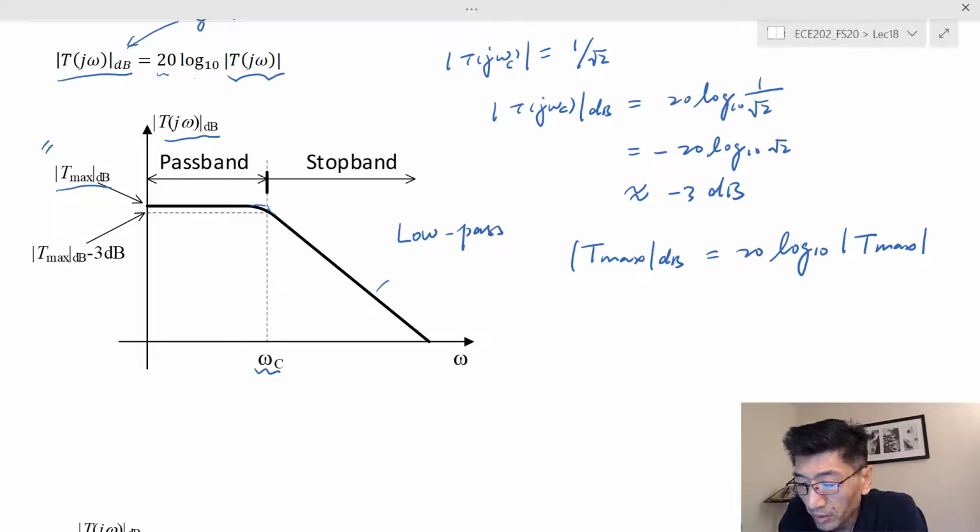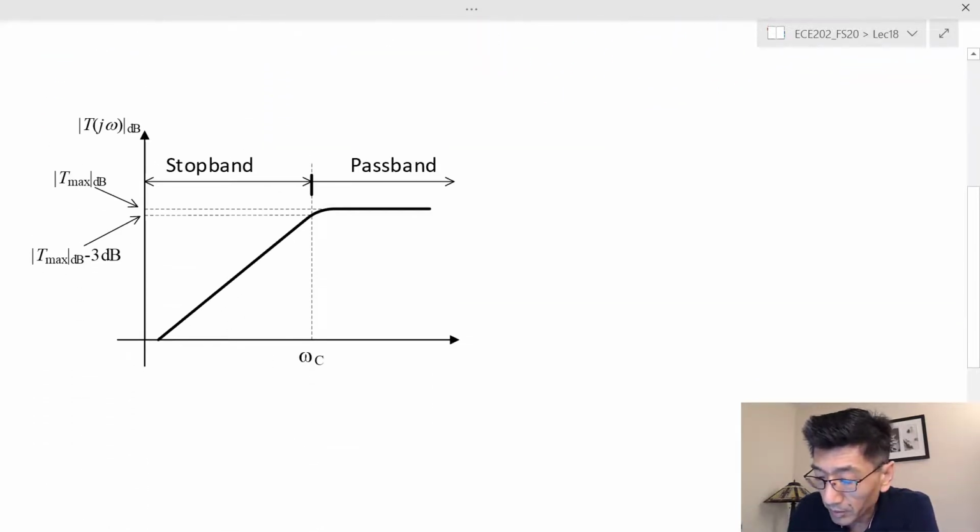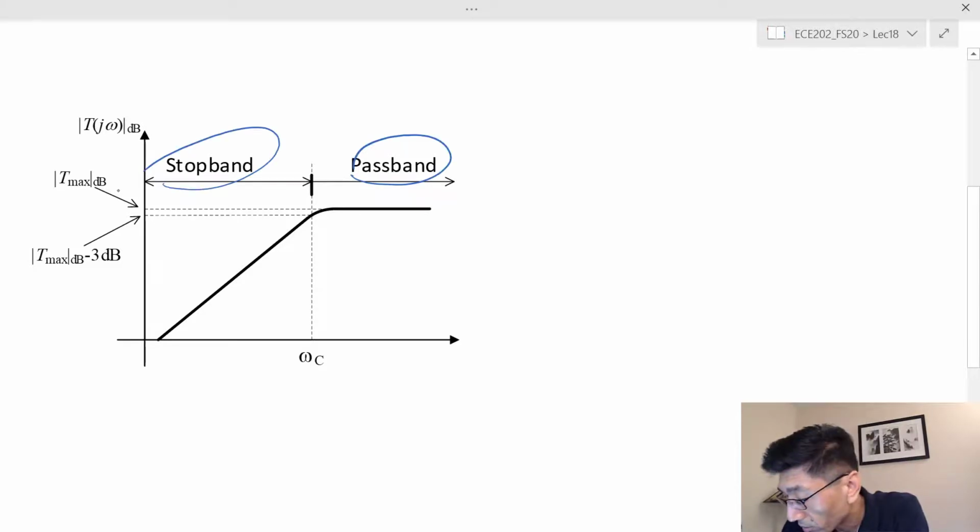This is the shape of the low pass filter, and the high pass filter is kind of the opposite. The pass band is at a higher frequency and the stop band at a lower frequency. The same thing here with ω_c.